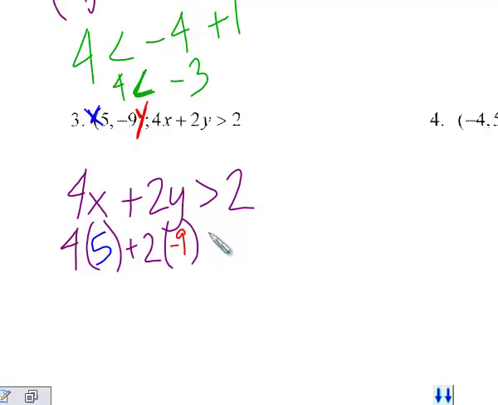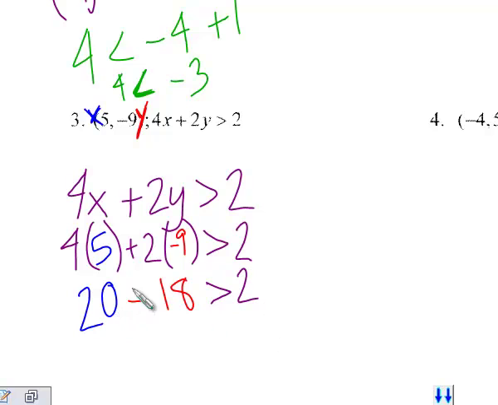All of that is greater than 2, and it's asking if it is a solution. So 4 times 5, we know that's going to give us what? That'll give us 20. And then 2 times negative 9 is going to give us negative 18, so minus 18, is greater than 2.